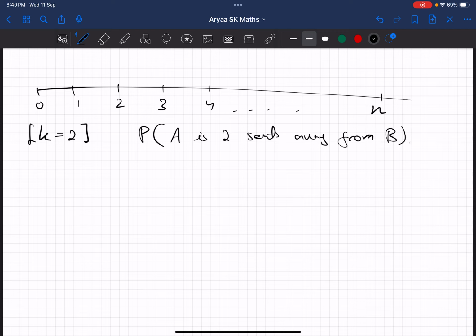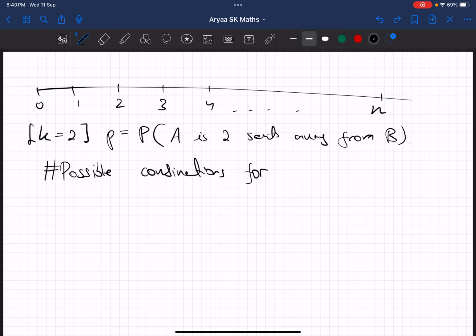So now we're looking for the probability that A is 2 seats away from B. And the way to usually solve these kinds of questions is to look at the number of possible combinations for AB. So these are the number of possibilities, like this set of all possible values, if that makes sense.